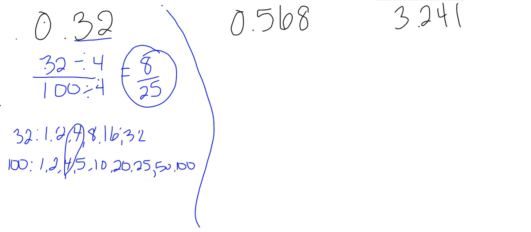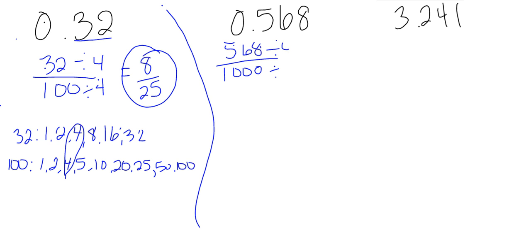Let's separate this. All right, so now I have 0.568. So I'm going to put 568 over 1 and then 3 zeros, so over 1,000. I could do it this way, or I could just break it down. So I think we're going to see if 568 divided by, I can do 4.